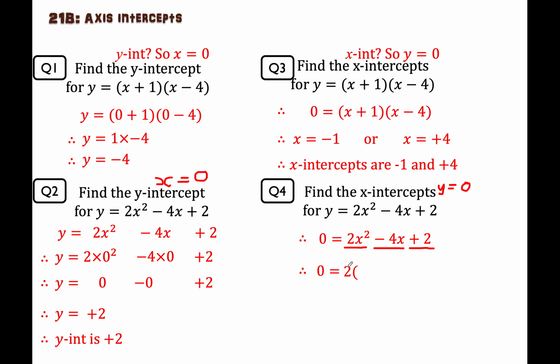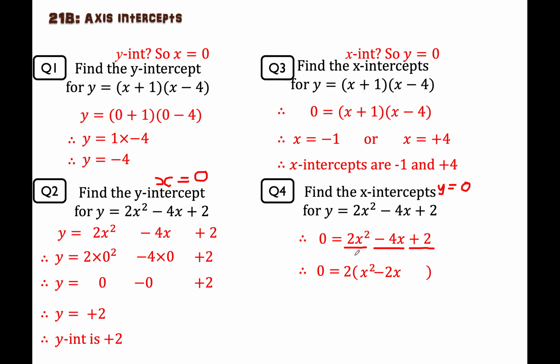So let's write it as 2 times the 3 terms. This term here, the 2x squared, is 2 times x squared. You can divide this by 2 and get it. And this, I'll copy the negative down, but this is going to be 2 times, well, half of 4x is 2x.